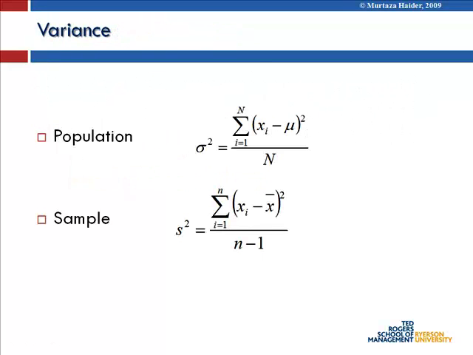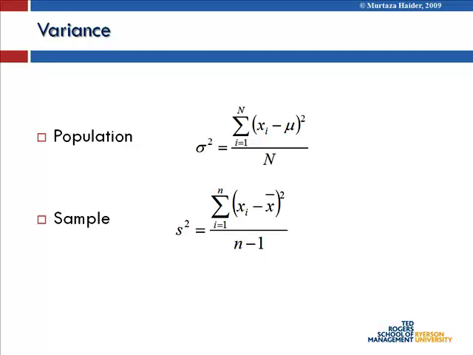If you look at the slide here, you would see that the formulas for the variance for both population and sample are given, and this time around you will see that the difference between the two formulas is a little bit more than the one that we saw for average.